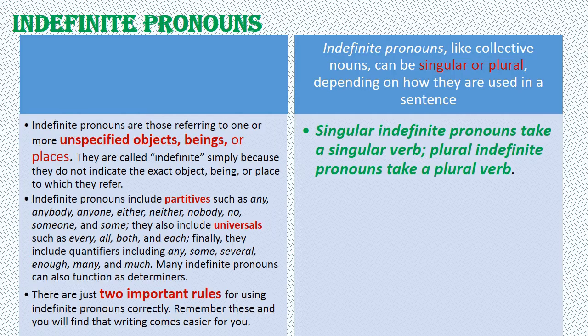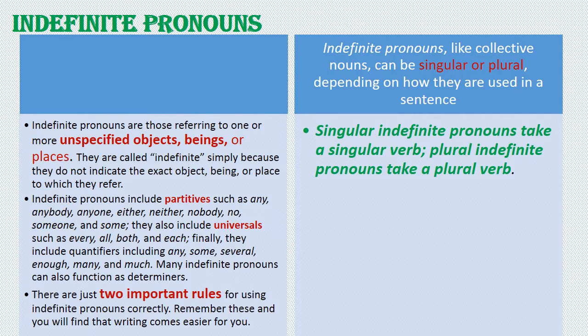Indefinite pronouns include partitives, such as any, anybody, anyone, either, neither, nobody, no, someone, and some. They also include universals such as every, all, both, and each. Finally, they include quantifiers including any, some, several, enough, many, and much.